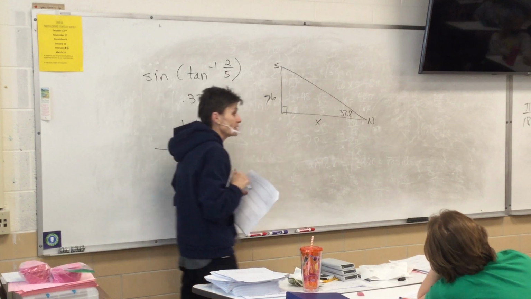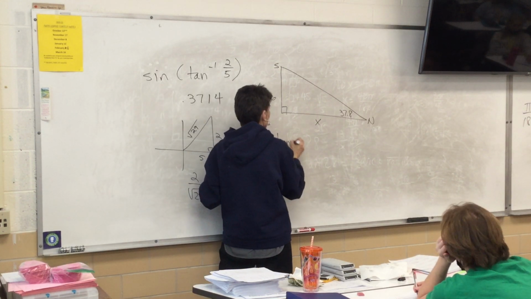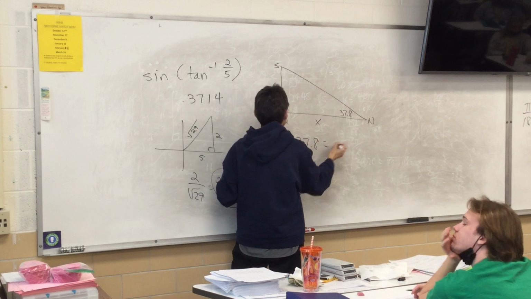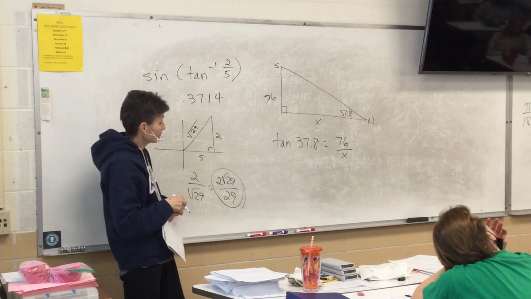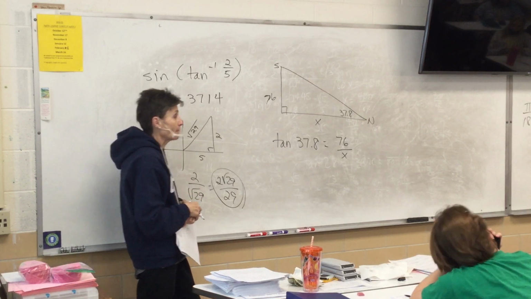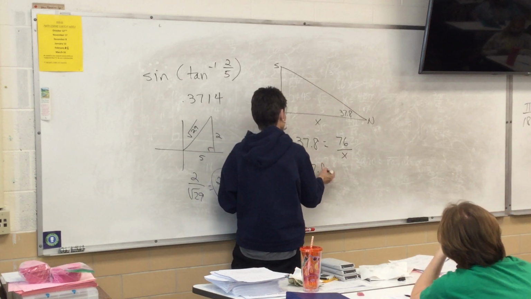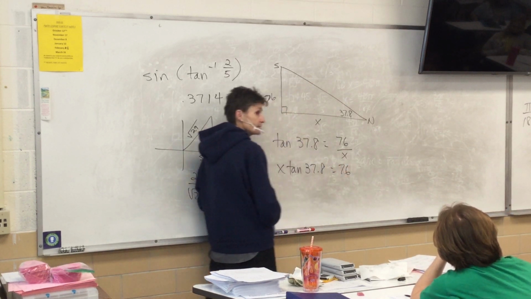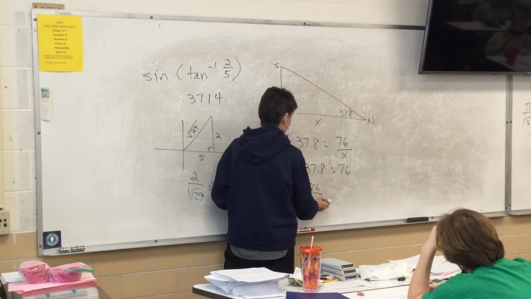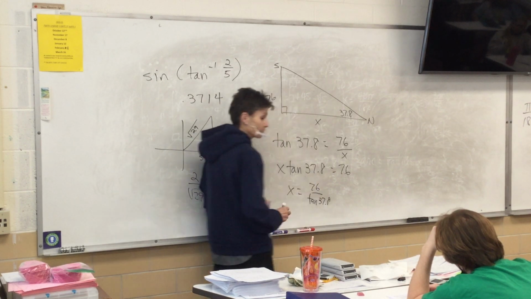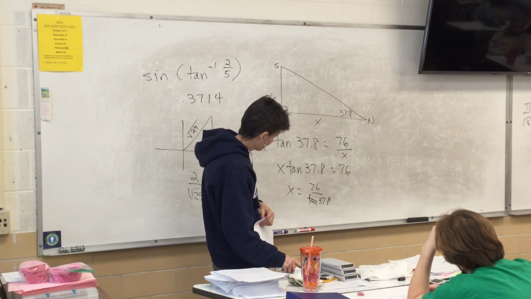Now, write an equation, sine, cosine, or tangent. Tangent 37.8 equals opposite over adjacent. I'm gonna have to solve this, so x tan 37.8 equals 76. And x equals 76 over tan 37.8. 97.978.